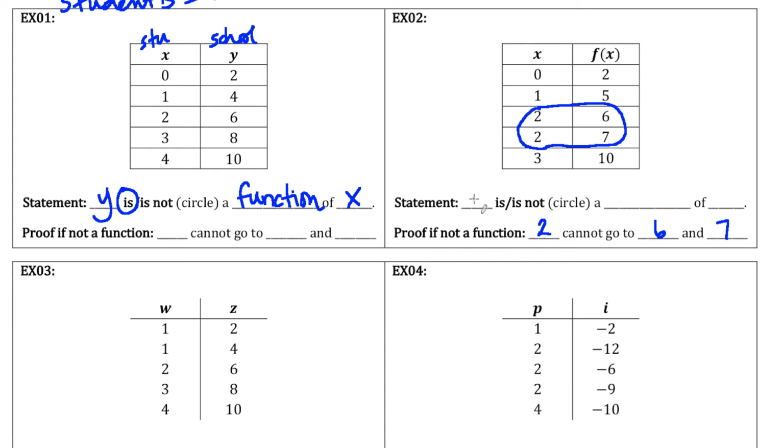Oh, I know what we're supposed to put here. So f of x is not a function of x, because 2 cannot go to school 6 and 7.